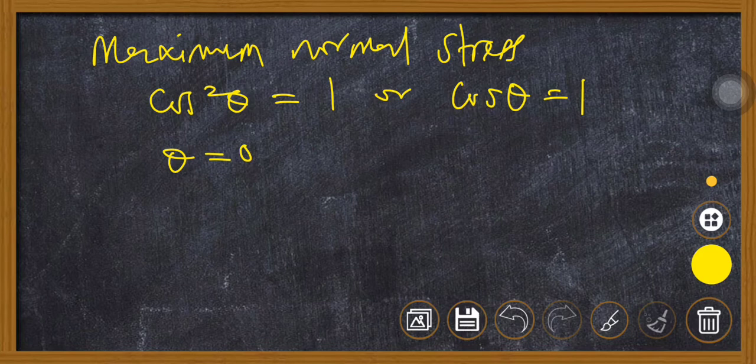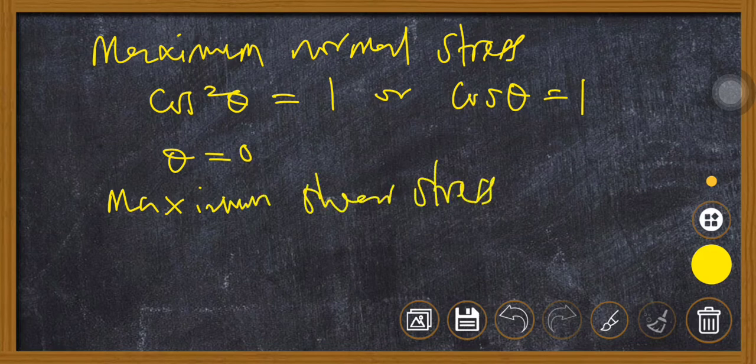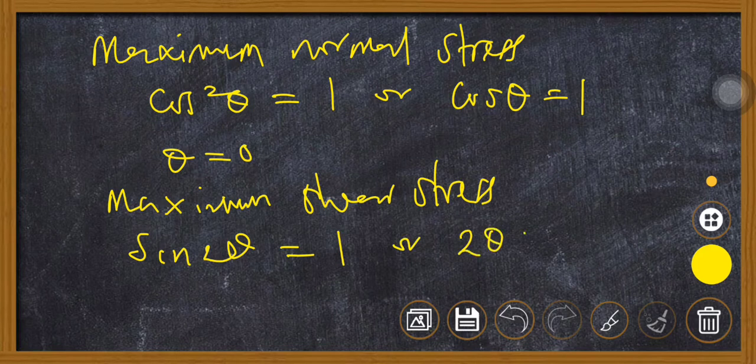Now the maximum shear stress, which is your tangential stress, always occurs when sine 2 theta is equal to 1, or when 2 theta is equal to 90 degrees.